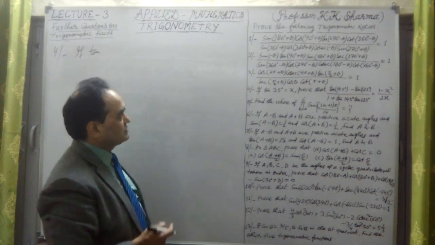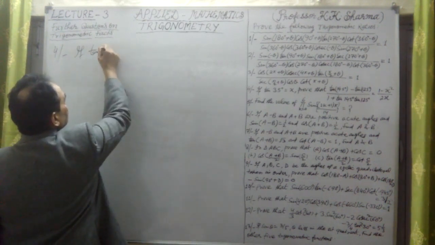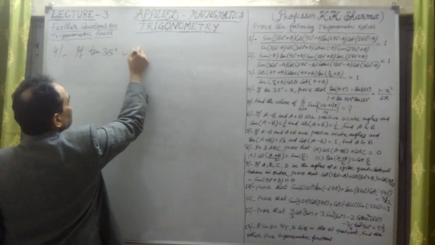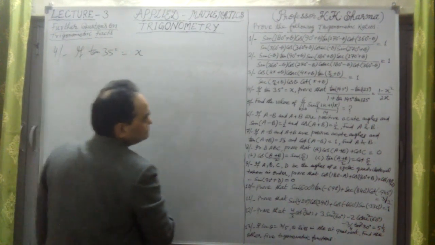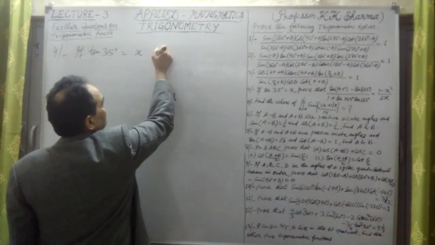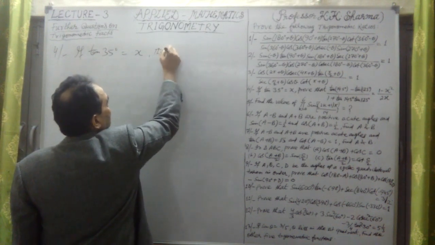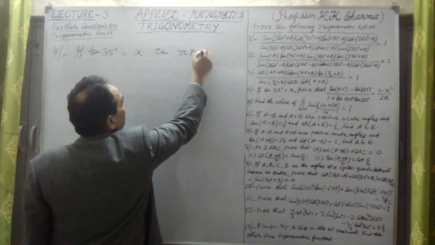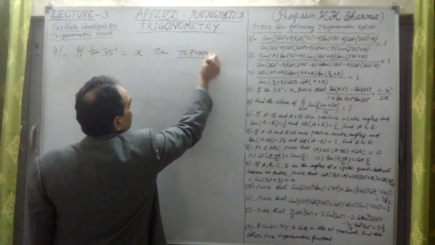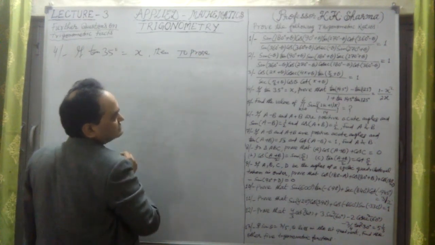So it is given to us that tan 35 degree is equal to x.